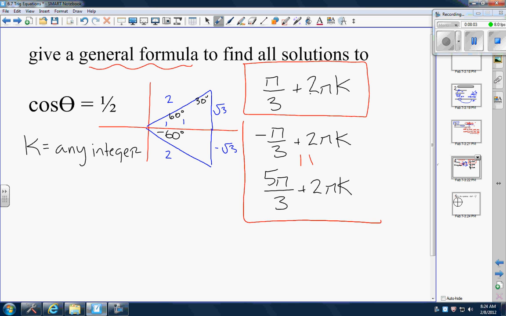You can give me the first one, or you can give me the second one. They both convey the same things. It's a matter if you want to say the negative, or if you want to go all the way around to where this guy should be. Okay, so those are your general formulas. Okay, in the second part, we'll look at actually finding some solutions for these.